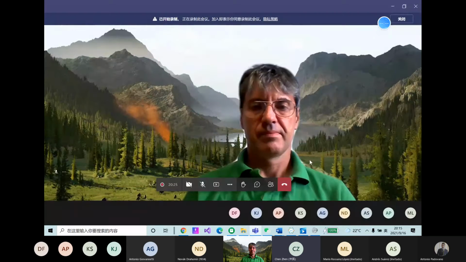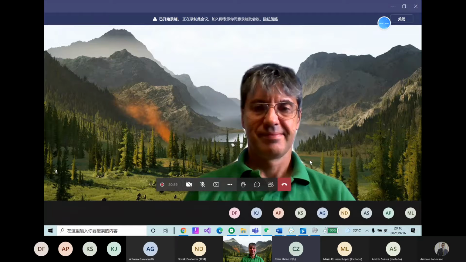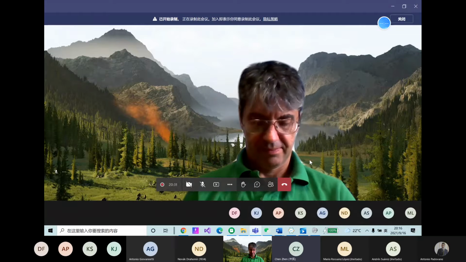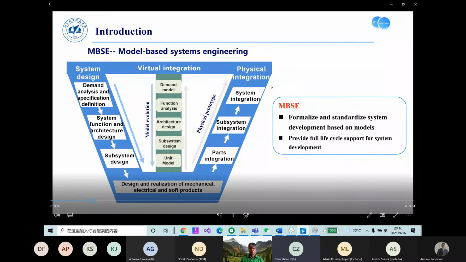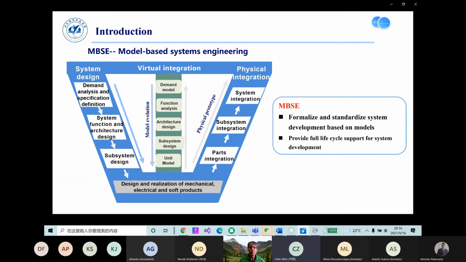In recent years, model-based systems engineering has gradually become the main solution for industrial complex product system modeling and design. MBSE enables engineers to use domain-based information interaction in systems engineering to replace traditional document-based information interaction.